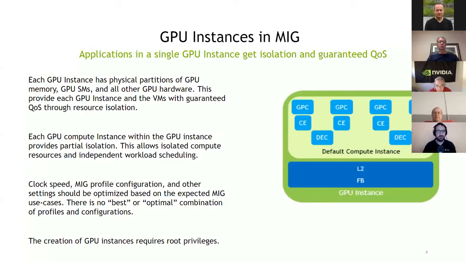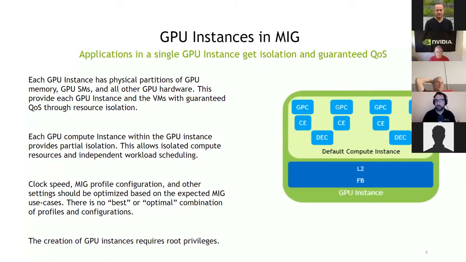So just a few more points here, but when you're sizing this up, typically what you're going to want to do is consider how many users you have and configure that many GPU instances. This is because everything within a GPU instance is dedicated hardware. Any compute instances subdivided into a GPU instance are going to be able to talk to each other.